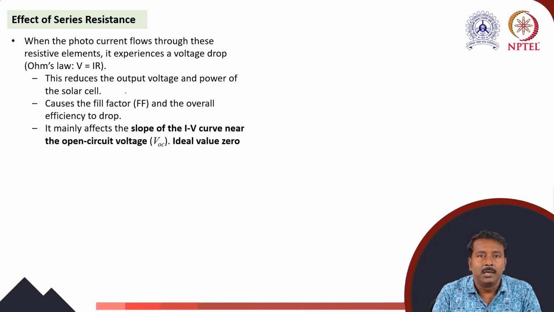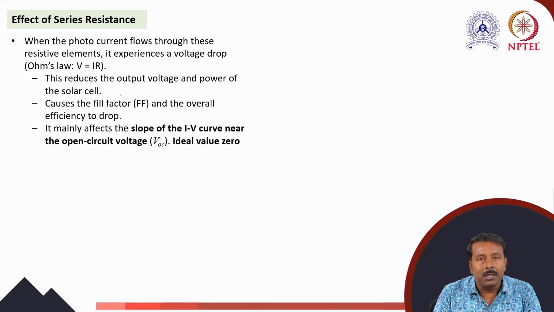So this potential drop will be a loss. So this will reduce the terminal voltage. So this also reduces the fill factor. As it reduces the terminal voltage, the power of the solar cell also will be reduced.